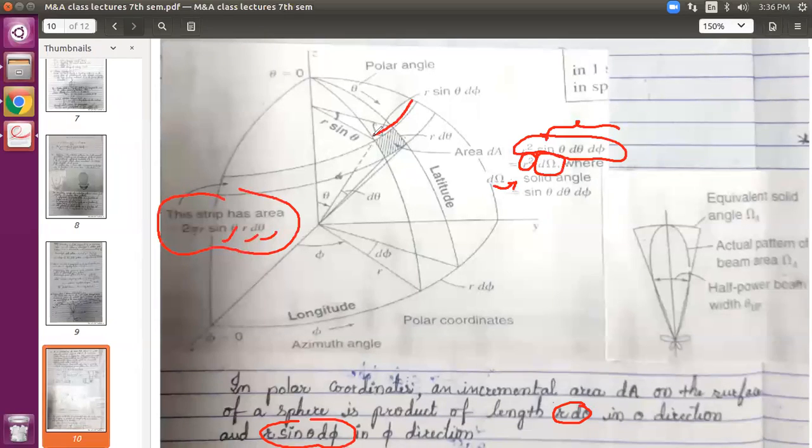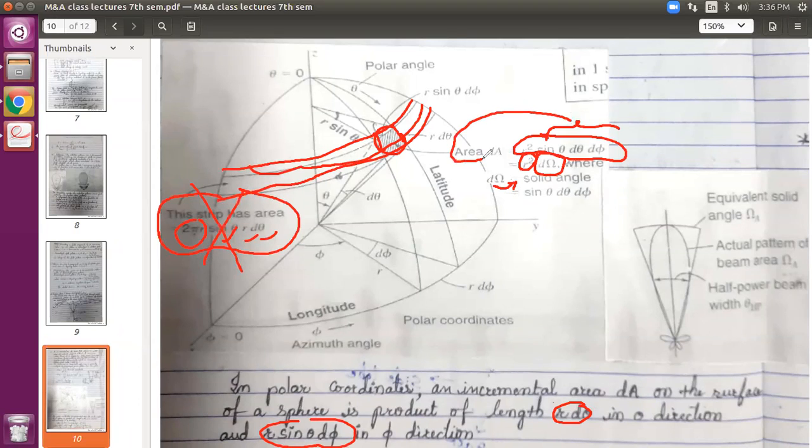Now if you take a complete strip in the sphere, out of which we have calculated only for this much area, overall they have simply applied the circumference, 2 pi r. But don't bother about it, we are not going to use it anywhere.